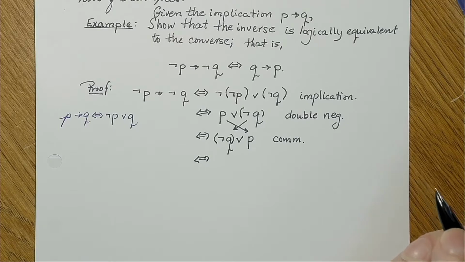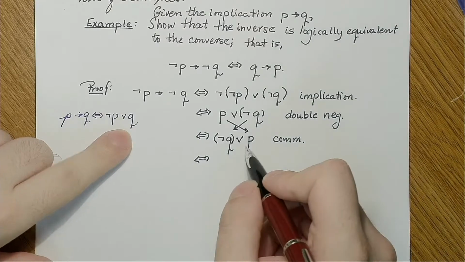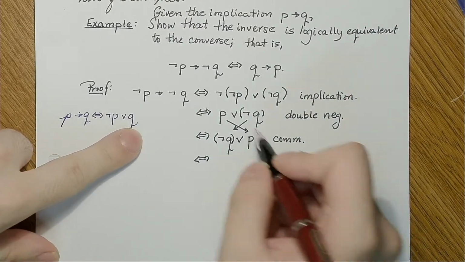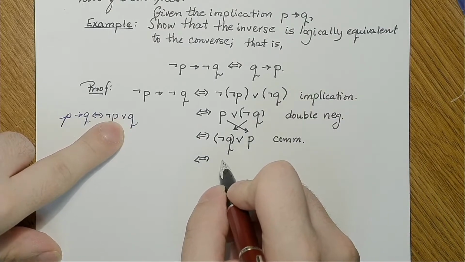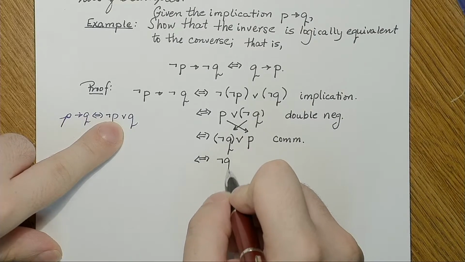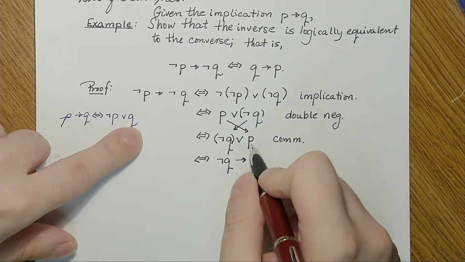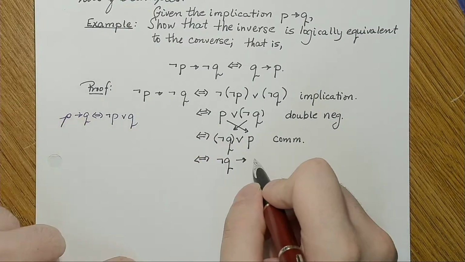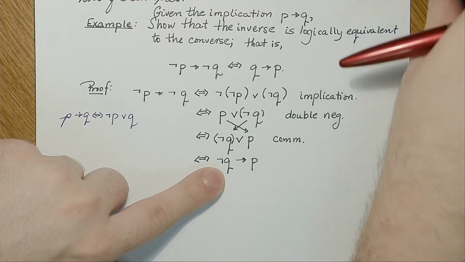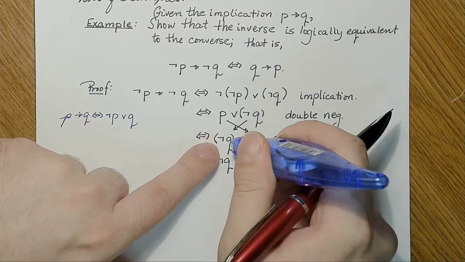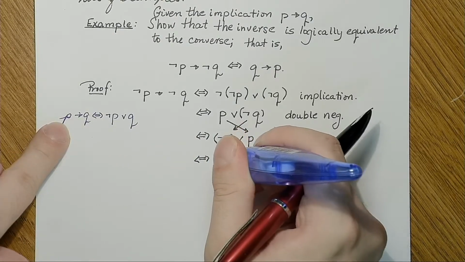And lastly, I'm going to apply the implication rule. Now instead of going in the direction we had done before, we're going to go backwards. It's the first proposition, not Q, implies the second proposition, which is P. Because I have this negation in front, I don't have to put it here as well.